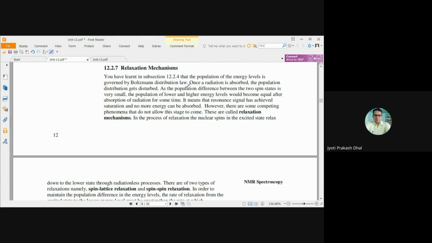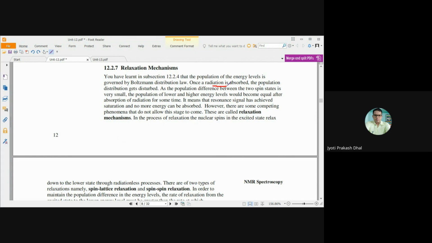In the previous sections, we learned that the population of the energy levels is governed by the Boltzmann distribution law. Once radiation is absorbed, the population distribution gets disrupted. Before the application of the external magnetic field or before the irradiation of the sample with radio frequency, according to the Boltzmann distribution, the different nuclei will be present in different energy levels.